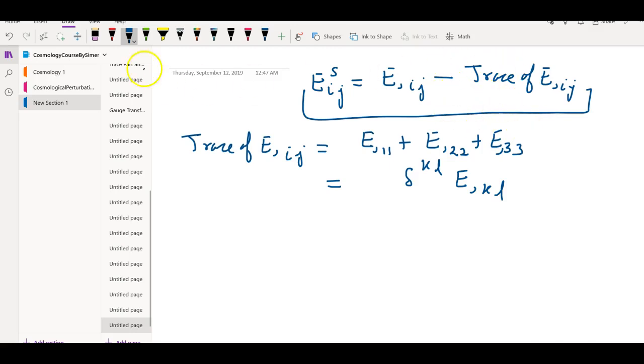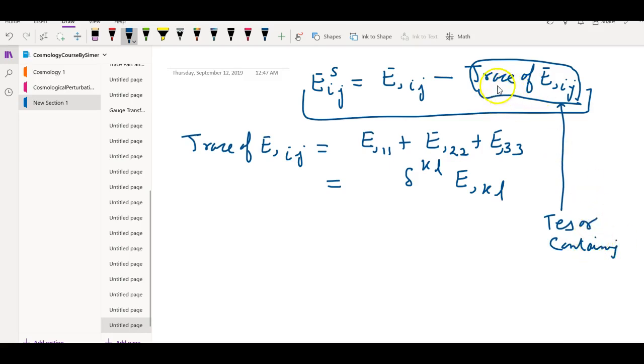So I think I need to correct this. This is not subtracting the trace of Eij, but I need to construct a matrix here which contains the trace. So this is basically a tensor containing trace. I think that statement was misleading, that you subtract trace. No, you are not subtracting trace, but you are subtracting a tensor which contains trace.